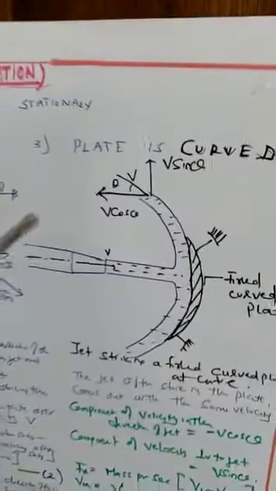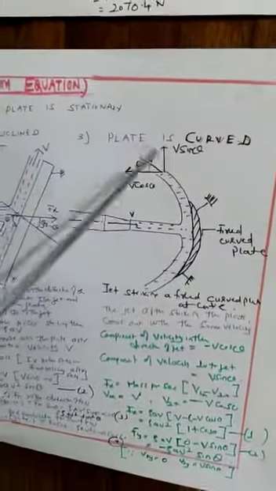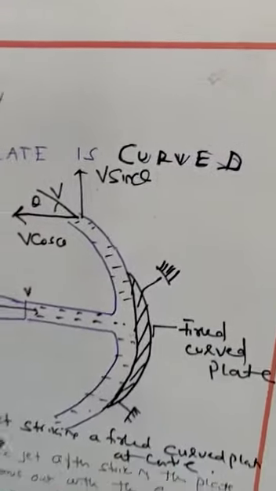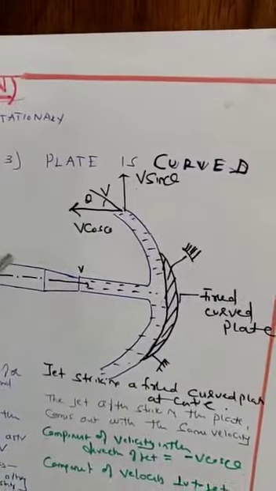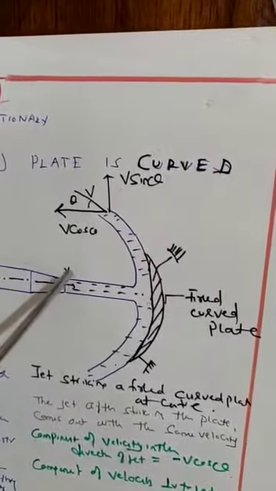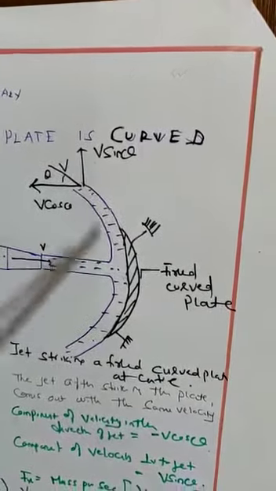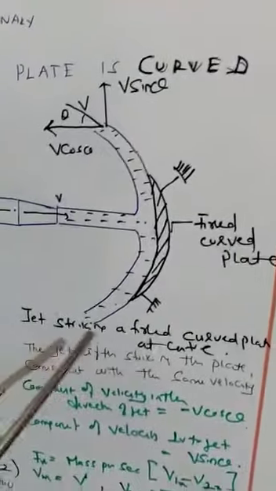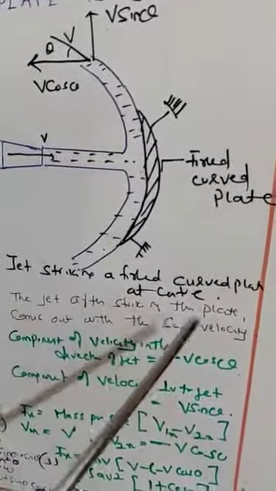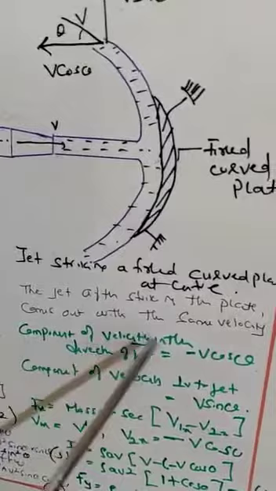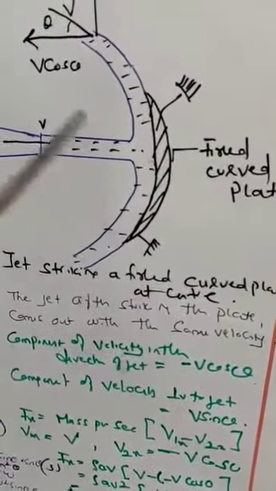The third case which we come across is where the plate is actually curved, to have more efficiency from the water flow. Here also you can see the jet which is coming with a velocity v, and it is striking a plate, and the plate is stationary but it is a curved plate. So the jet strikes a fixed curved plate, and after striking the plate the jet comes out with the same velocity, and the component of velocity in the direction of the jet is v cos theta.